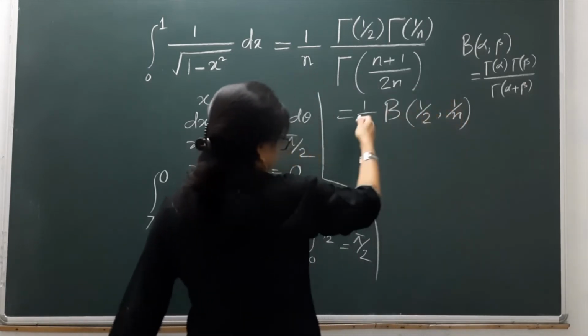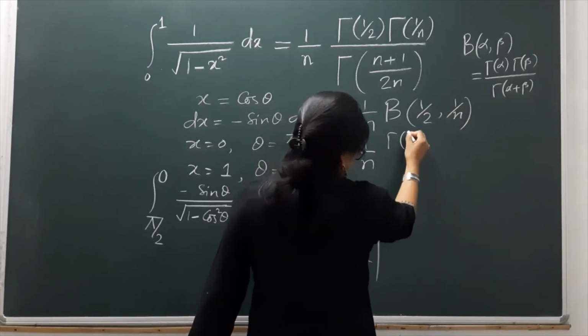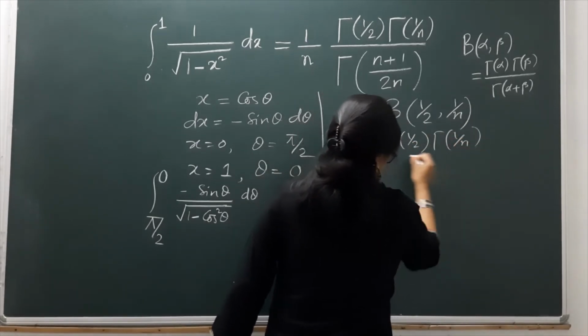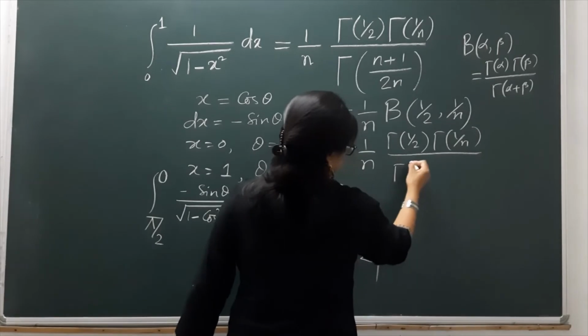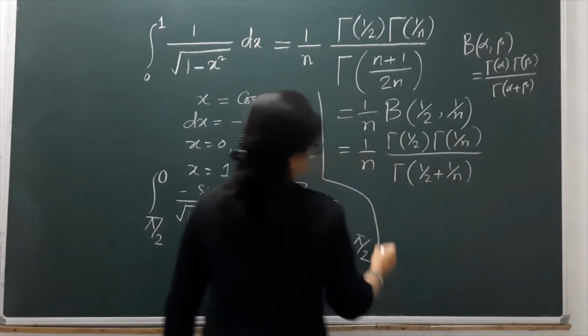So if we apply that, then we will have 1 by n gamma half gamma 1 by n divided by gamma half plus 1 by n.